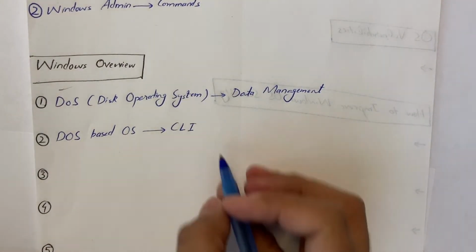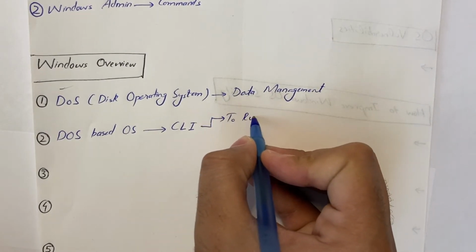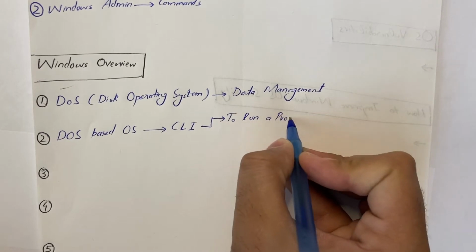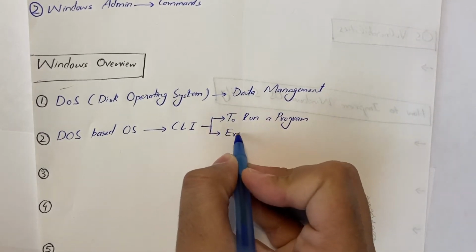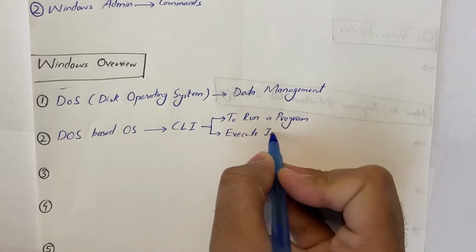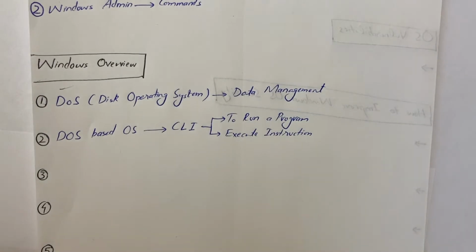And this command line interface can be used, for example, if you want to run a program, or execute an instruction, whatever you want to do on your operating system, it has to be in some commands. You need to write down commands in order to execute something.